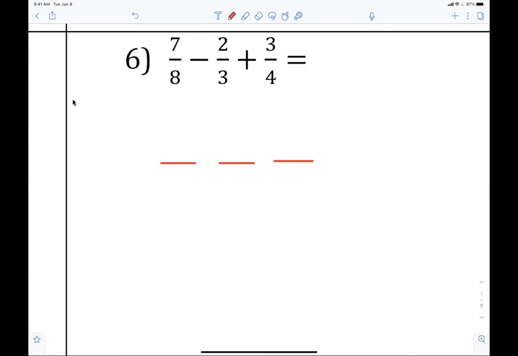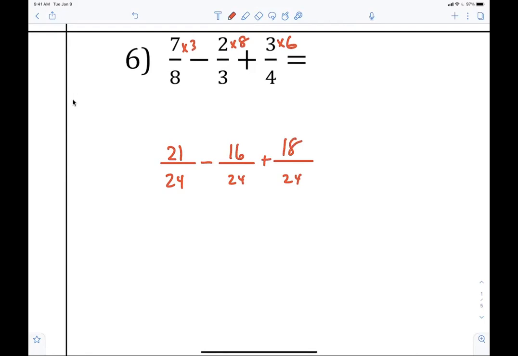So I'm going to get a common denominator of 24, 24, 24, multiply by 3, then multiply by 8, and then multiply by 6. You're awesome. So that gives me 21 minus 16, and then plus 18. Good. All right. So now after all that, what did you get?